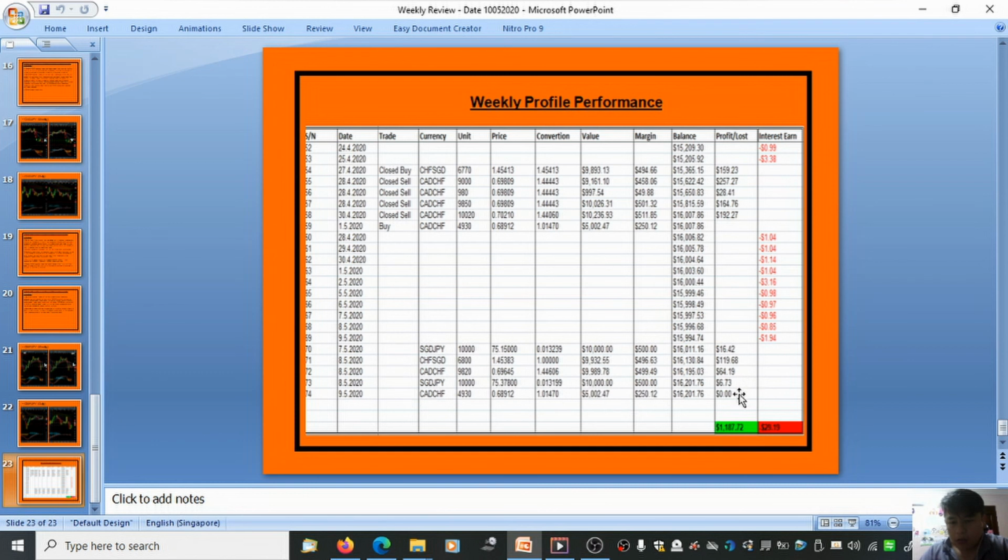The rest I can still make some minor profit. So the total profit now is 1187.72. However, the daily interest charge now is about 29.19.